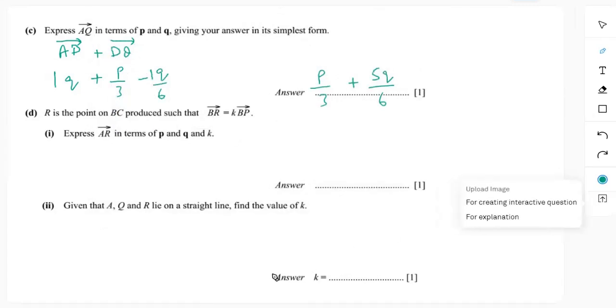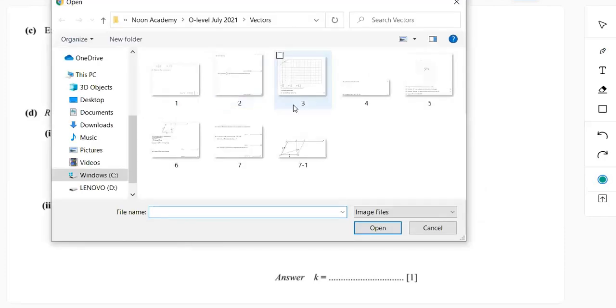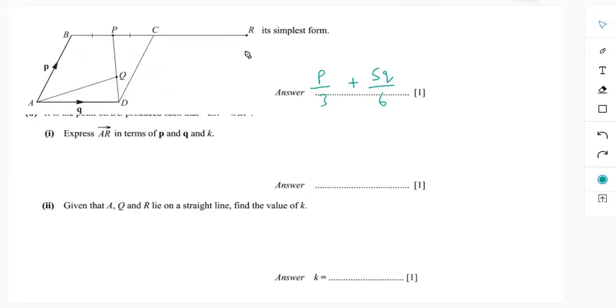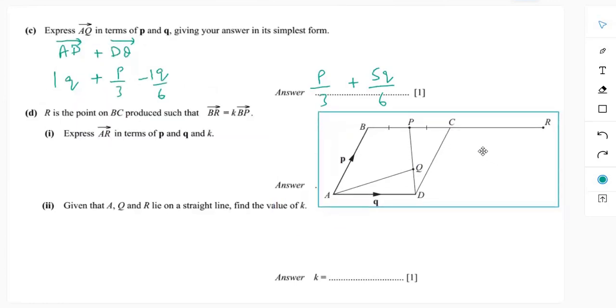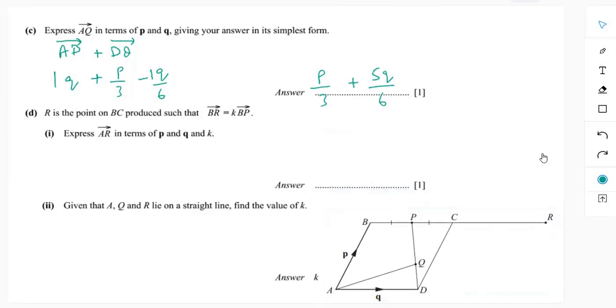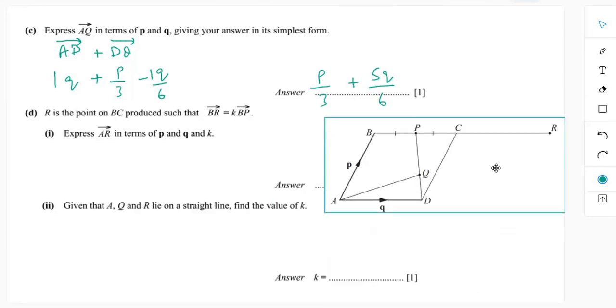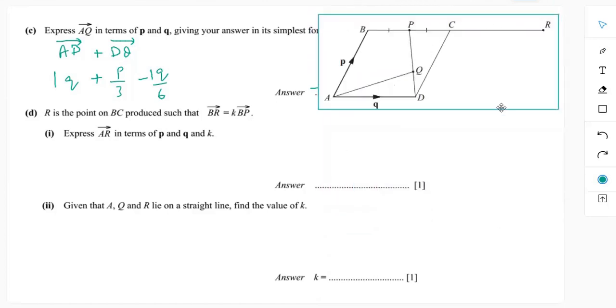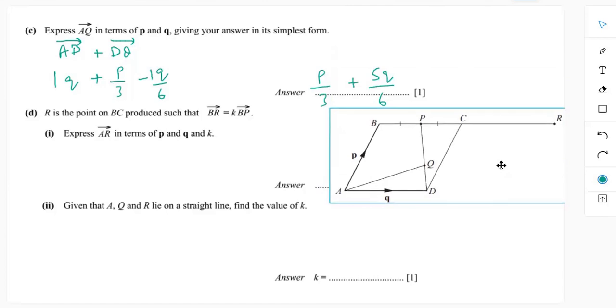We have that figure in front here. Okay, so this is the diagram that we have.